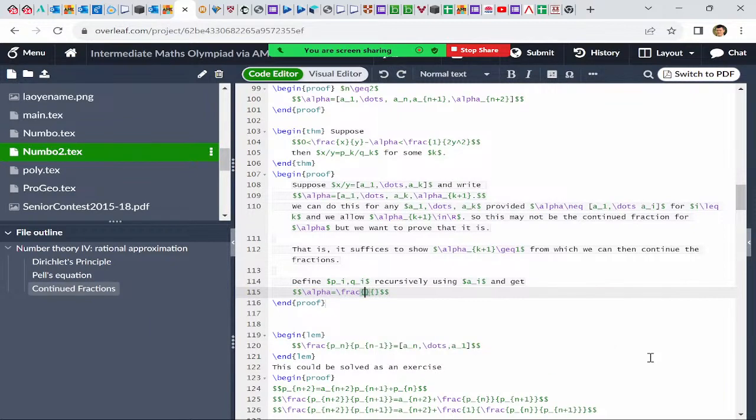And then you solve for alpha k plus 1 in the recurrence. Alpha k plus 1 p_k plus p_k minus 1.